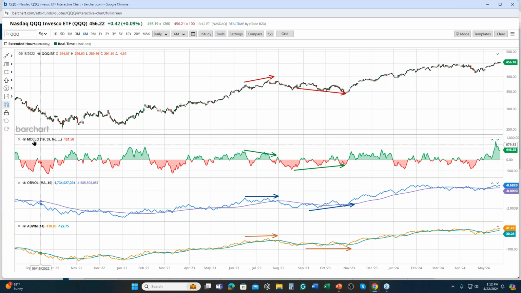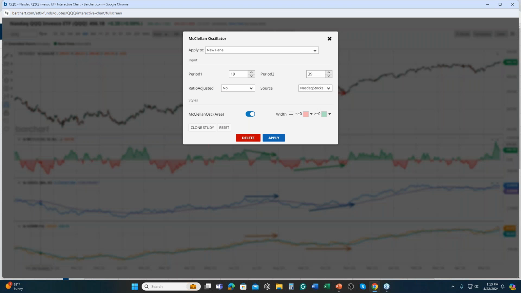The first one here is the McClellan Oscillator. The McClellan Oscillator is very similar to a MACD oscillator, and what it does is look at net advances over two different time periods, 19 and 39. The McClellan Oscillator also allows you to choose where that information is going to come from.